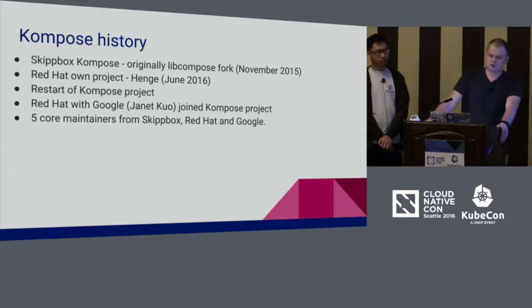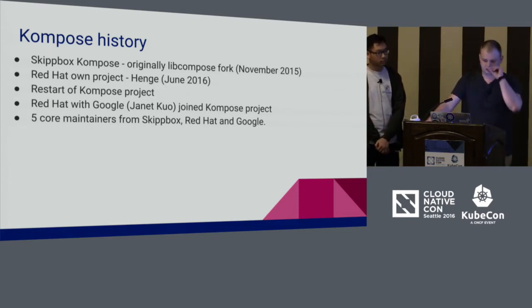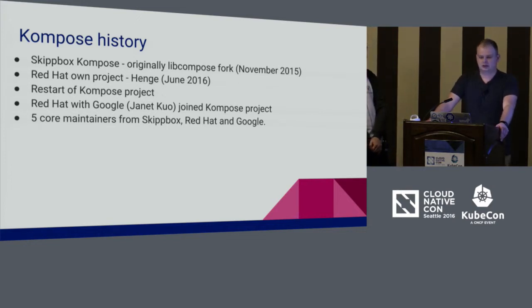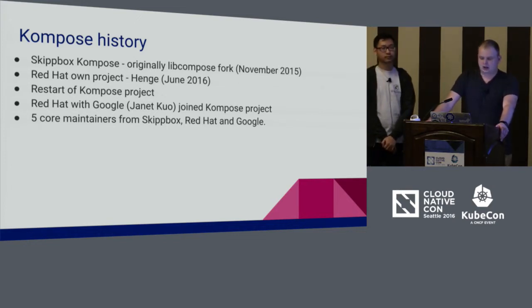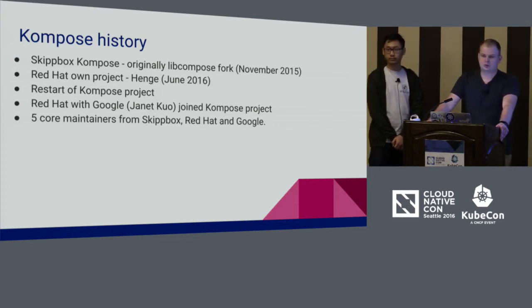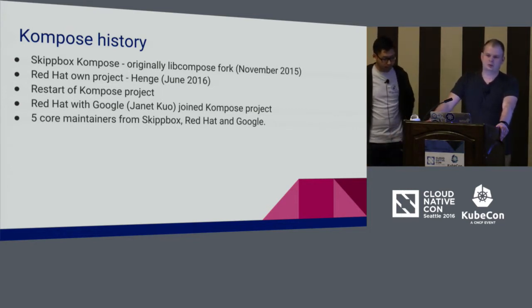So a little bit about Kompose history, how this project started. The project originally started in Skippbox, and it was a fork of libcompose. Libcompose is a Docker library for parsing and managing Docker Compose files.